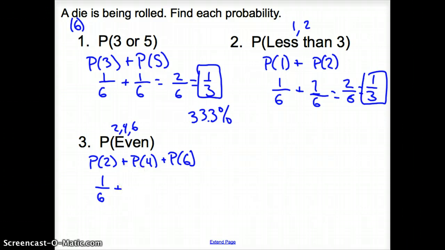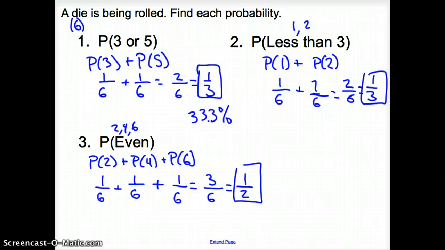We have 1 4 on a dice out of a total of 6 numbers, and then we have 1 6 on a dice out of a total of 6 numbers. You add them up because they are mutually exclusive events, so it's 3 over 6. We simplify that. Please simplify your fractions to get 1/2 or 50%.